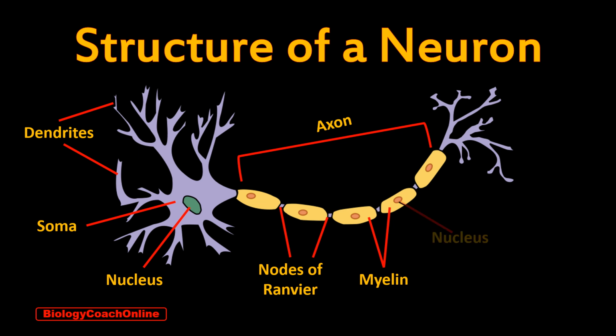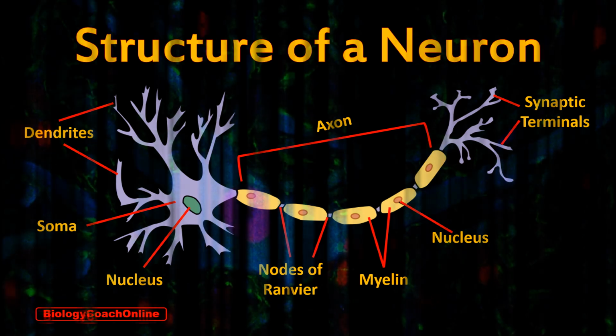And by the way, you see here the nucleus of the cell that makes the myelin. These are oligodendrocytes called Schwann cells. Now at the end of the axon, then, you see any number of synaptic terminals. Neurons are connected to one another at the junctions called synapses. So the neuron pictured here can communicate with a number of other neurons via these synapses.